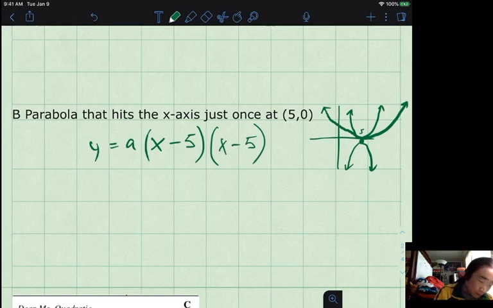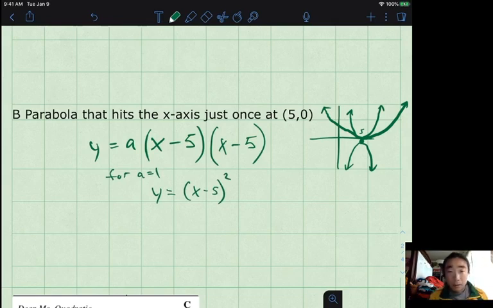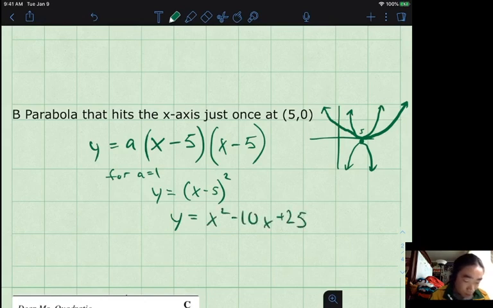So that looks like, for a equals 1, y equals (x minus 5) squared. And then if you FOIL that out, if you distribute that, you get this fancy equation.